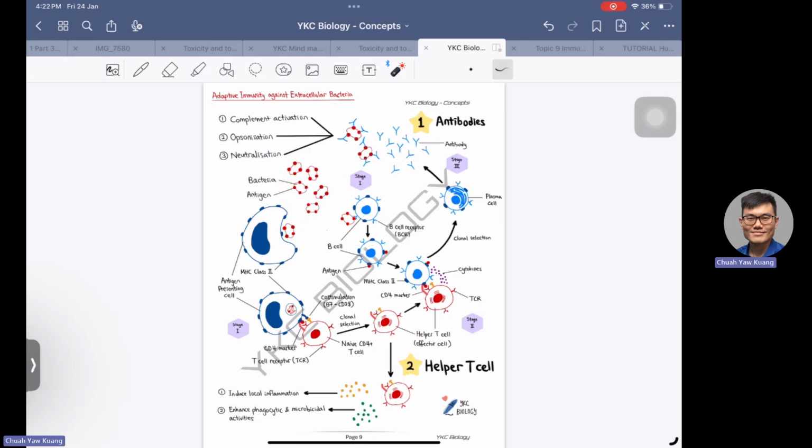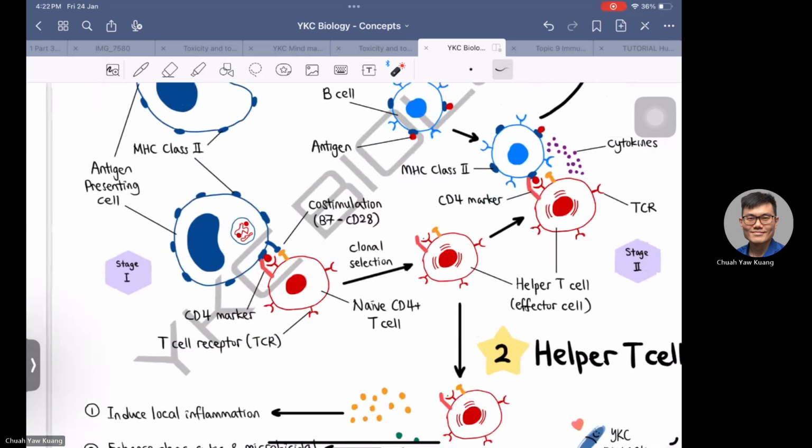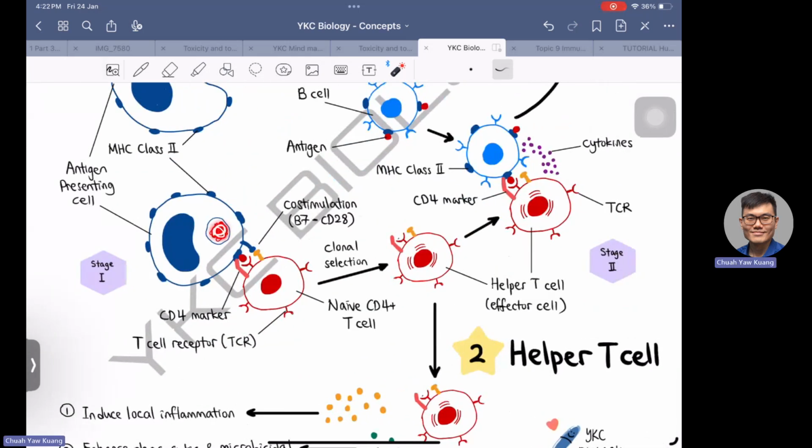To start, the bacteria will be engulfed by the phagocytes. Later on, the phagocytes are going to digest the bacteria, extract their antigen and present the antigen on the surface through the MHC class II molecule.